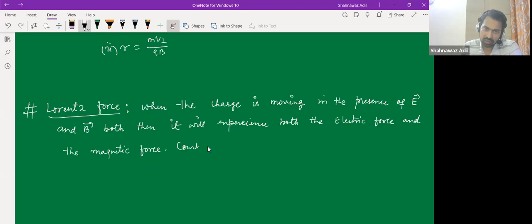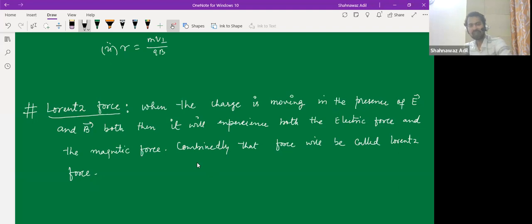Combinedly, that force will be called the Lorentz force. So it is the force exerted on the charged particle due to the electric field and the magnetic field. So it is the sum of those forces.